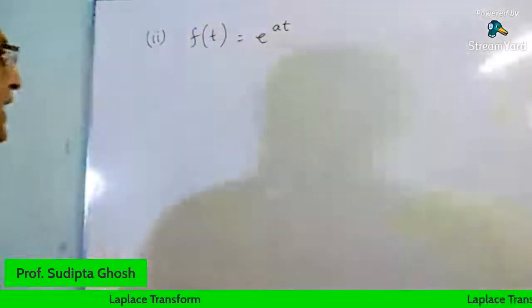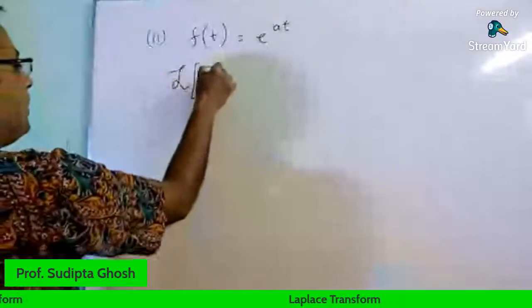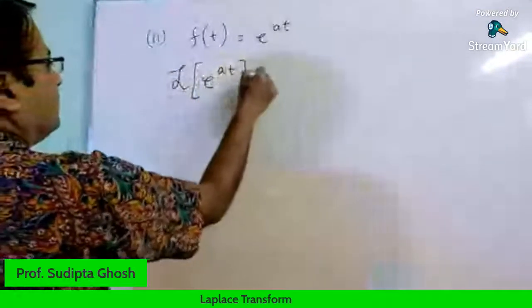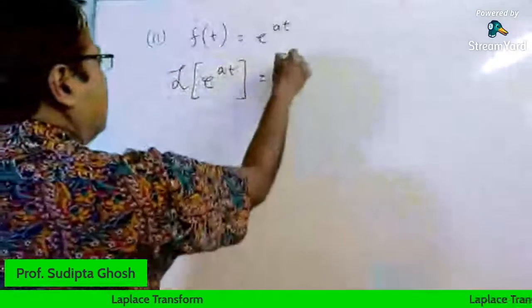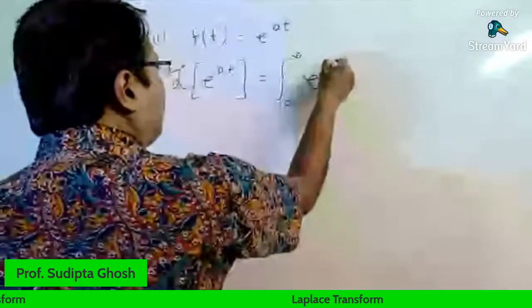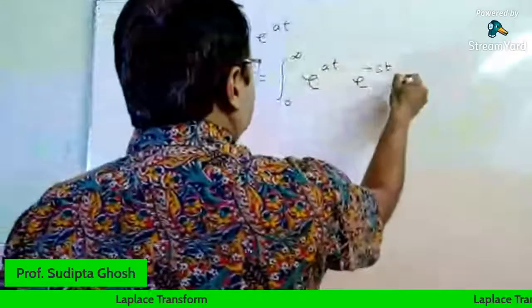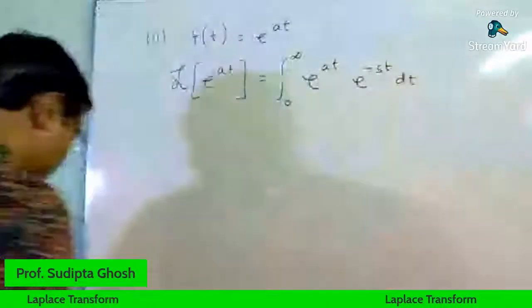Now the Laplace transform of e to the power at: again writing the formula, integral 0 to infinity f of t, that is e to the power at, into e to the power minus of st dt.